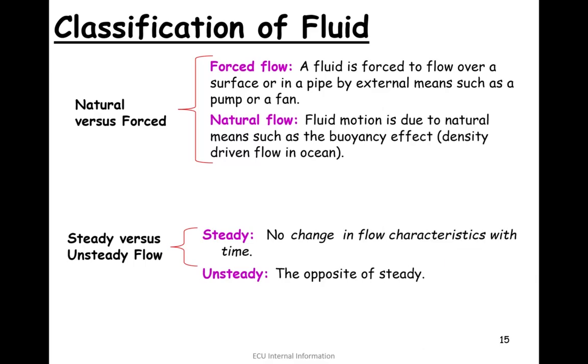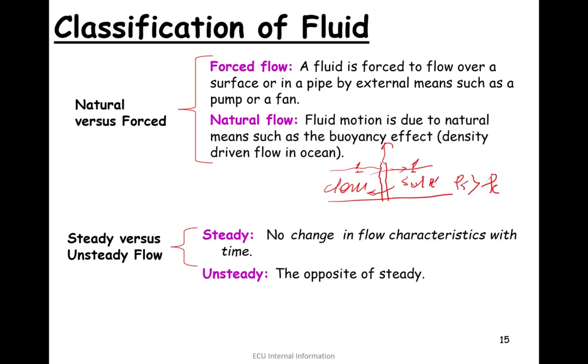Using the pointer pen, let's say this is a wall, and you have salt water here and clean water here. Both of them are at the same surface level. The density of the salt water is greater than that of the clean water. Once you remove this plate, the salt water, which has higher density, moves under that one, and this moves over.